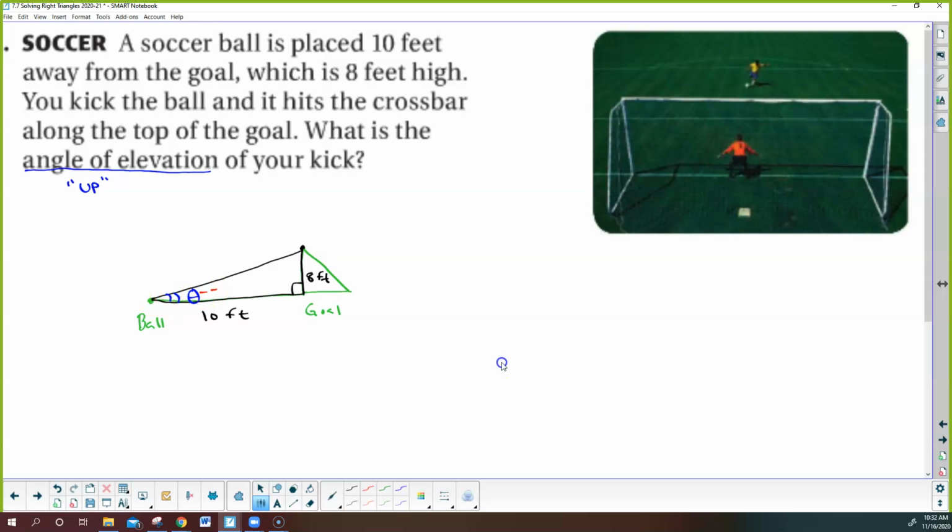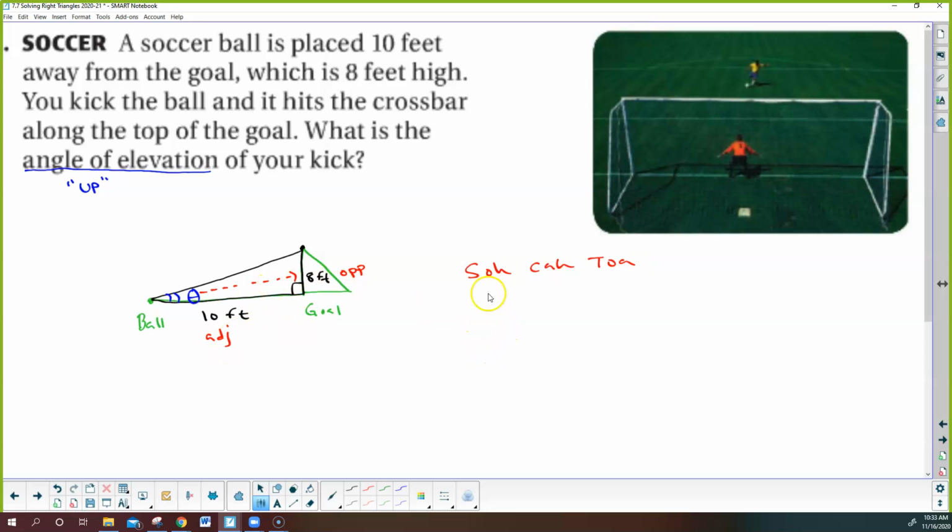But what do we have? Well, across from the angle theta is the opposite leg. The leg that makes up the angle theta is the adjacent. So I'm trying to find an angle. Whenever you're trying to find an angle, you use inverse trig. So, SOH CAH TOA. Well, let's see. What do I have?